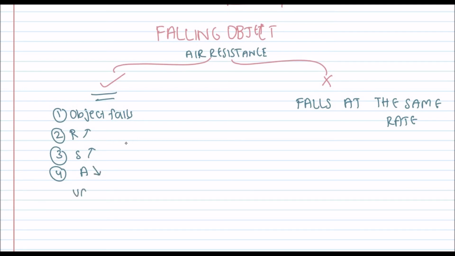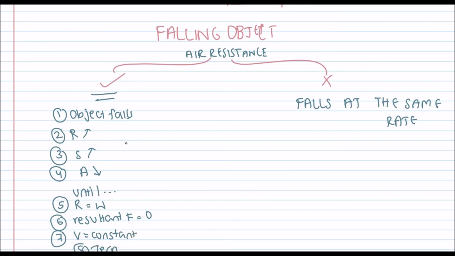Then this happens until the air resistance is equal to the weight. And then the resultant force will be equal to 0. The velocity will be constant. And finally, terminal velocity is reached.